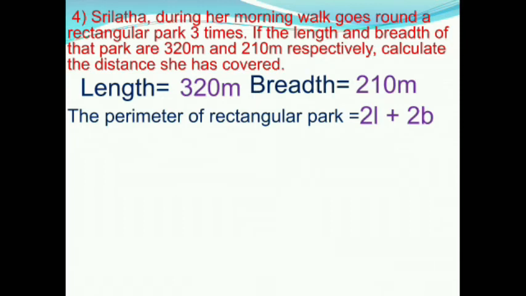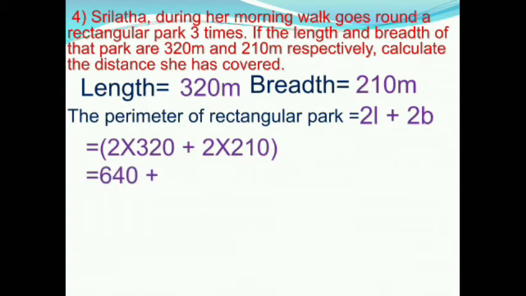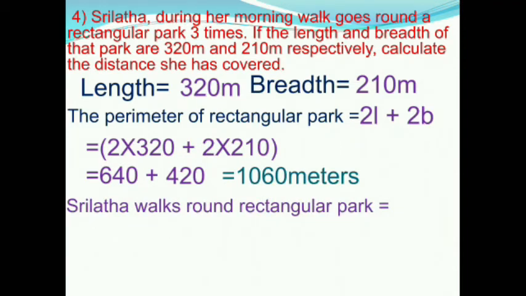Now we should multiply length and breadth by 2 and add it. 2 into 320 plus 2 into 210. 2 threes are 6, so 640. 2 into 210 is 420. Now we should add this. 640 plus 420.